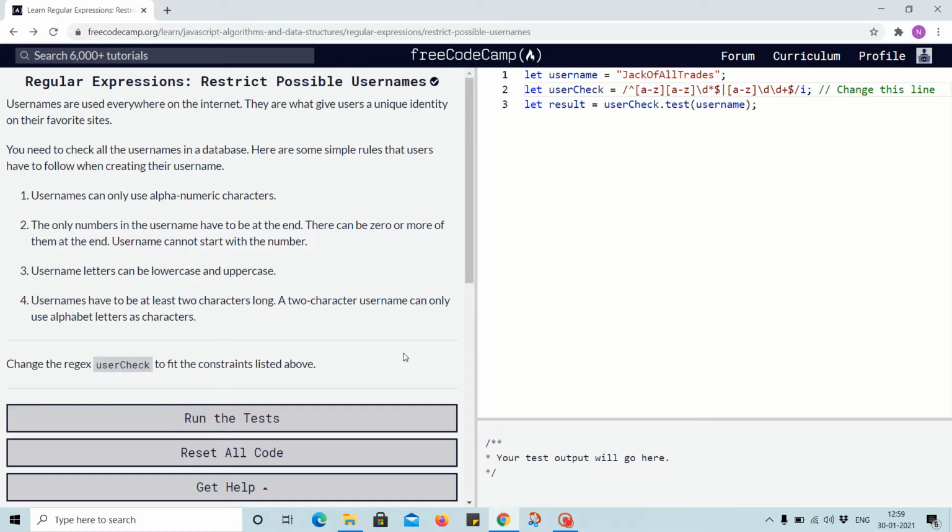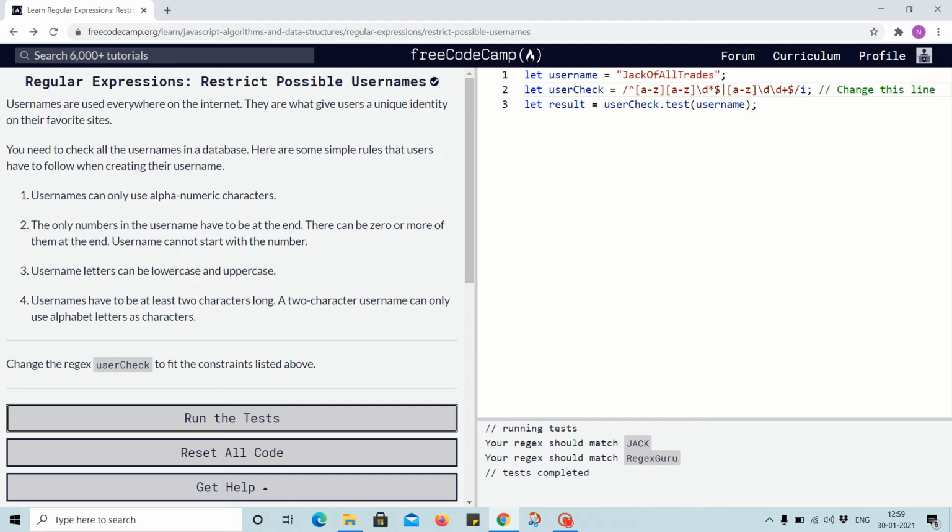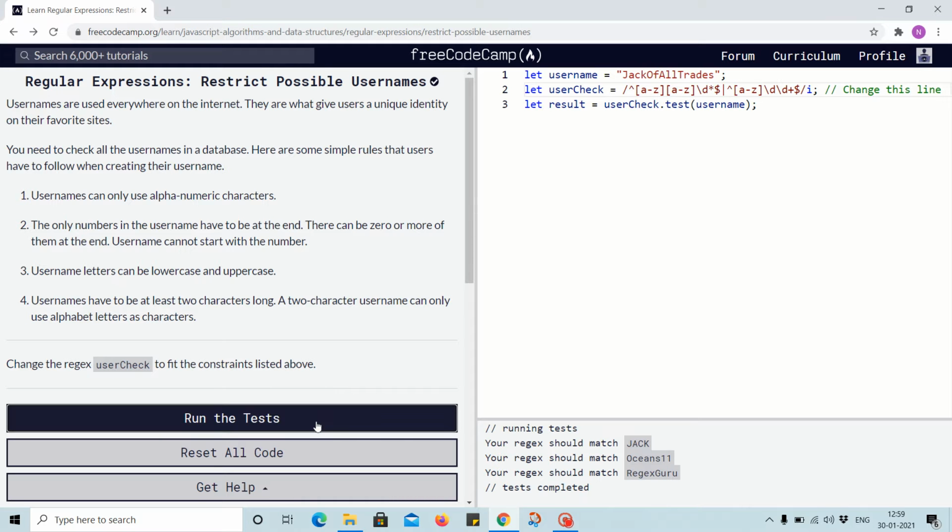That's about right. Let's run the test. Oh, something is missing. I have not put the caret for starting with this. Let's run the test. What is missing now?